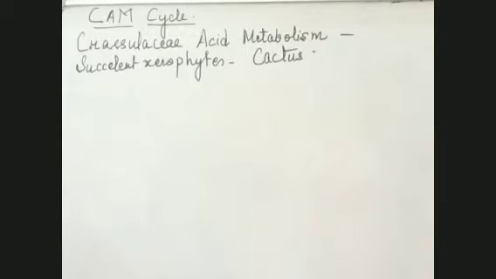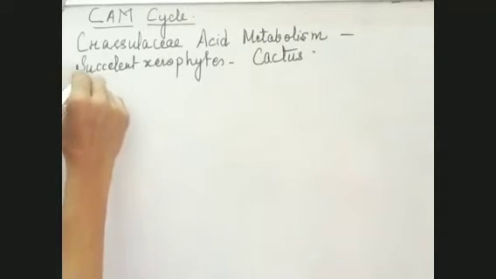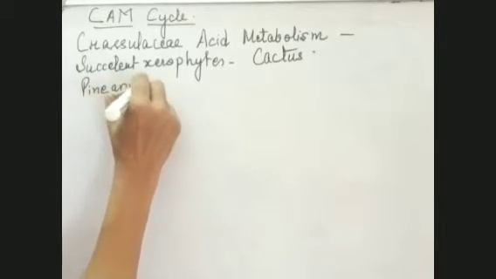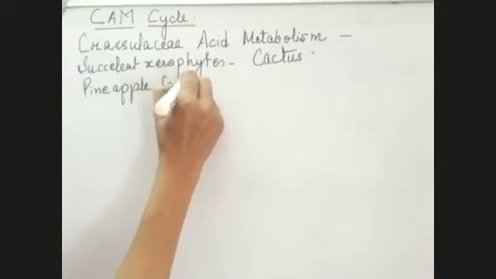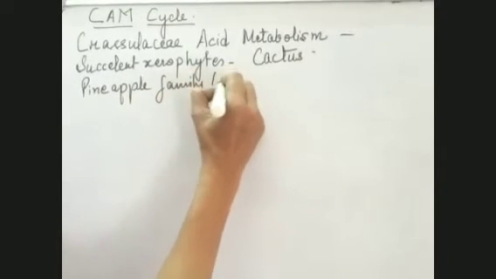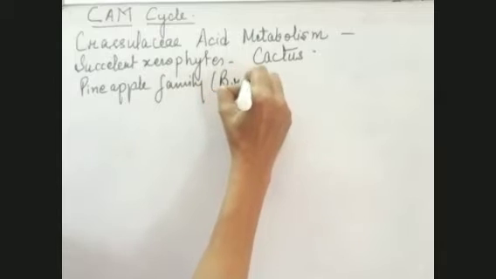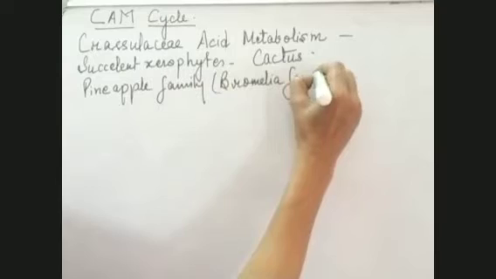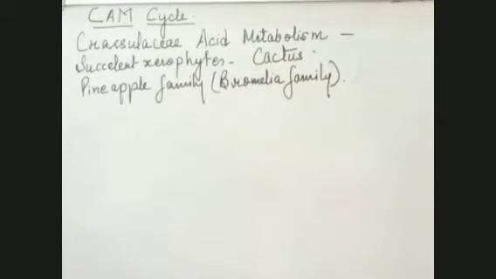The second place where this is seen is the pineapple family, known as the Bromelia family. So the pineapple family also shows this Crassulaceae acid metabolism. And the third one is the Euphorbiaceae family.